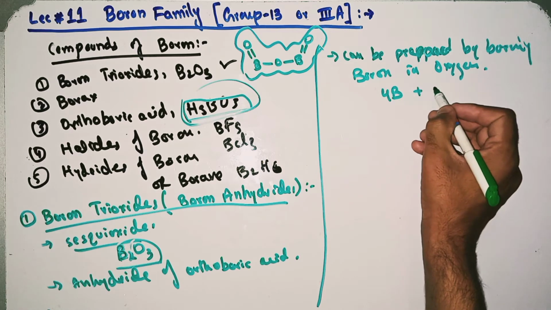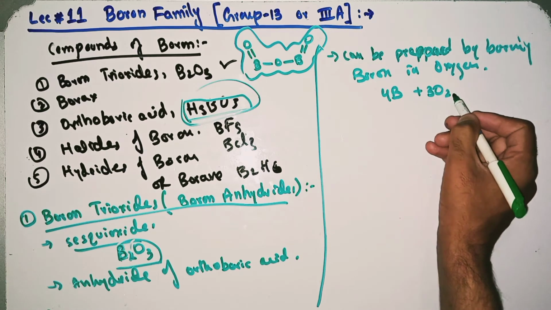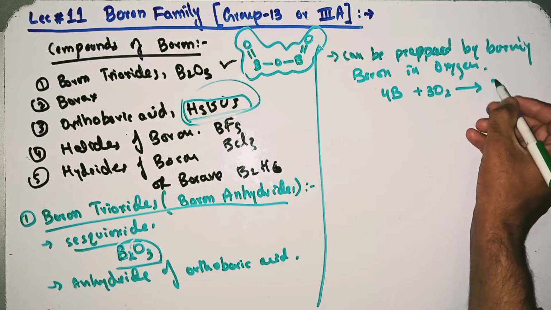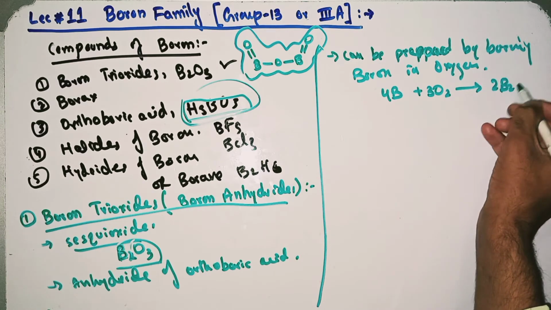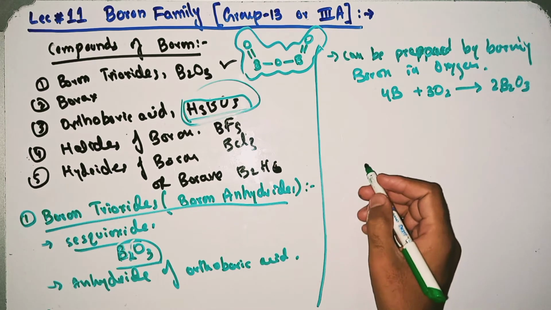When 4 boron atoms are heated and burned with 3 molecules of oxygen, they produce 2 molecules of B2O3, that is boron trioxide. I think this point will be clear now.